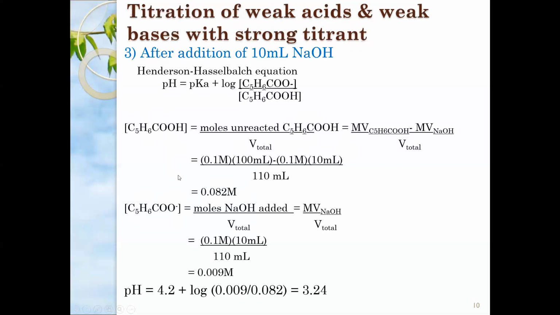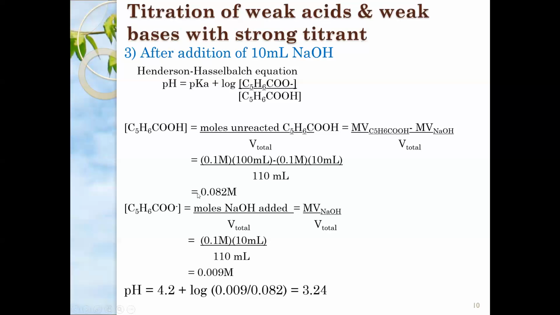When the base titrant was added, conjugate base was formed. That's why we calculate the moles of sodium hydroxide added, from the molarity and volume, which is 10 ml added just now. Total volume becomes 110 ml, and this is the concentration of the conjugate base form.